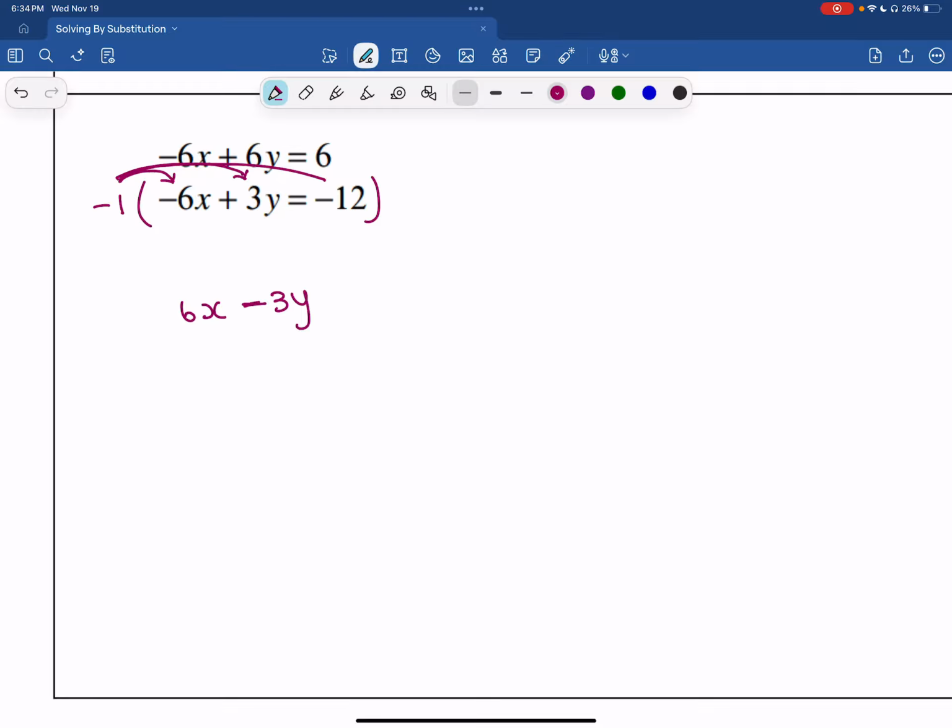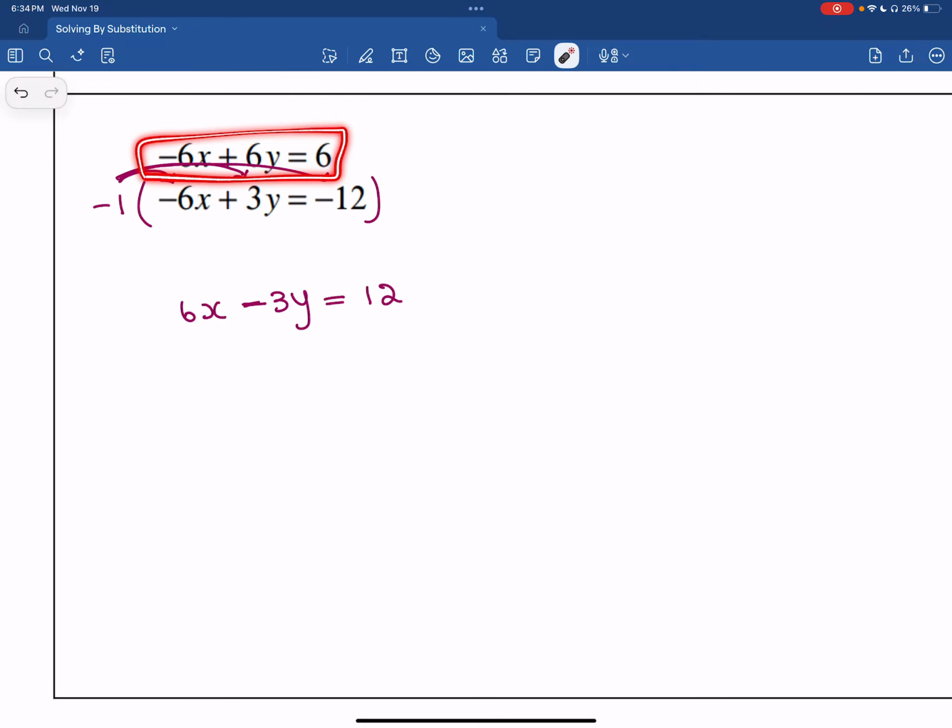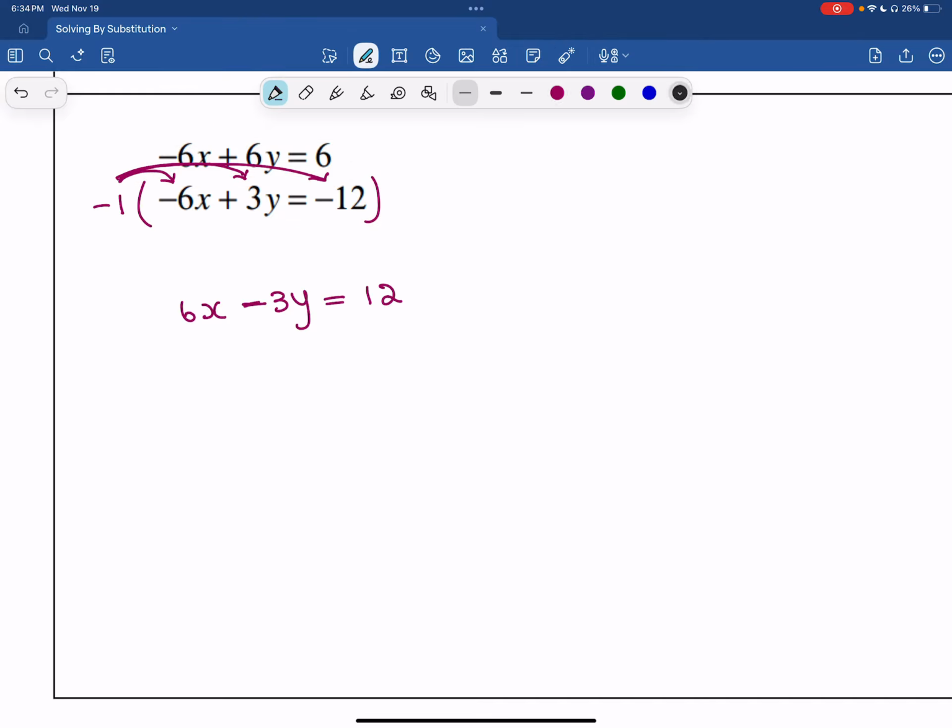And -1 times -12 is +12. Next, I'm just going to rewrite that first equation back on top of what I just found. So -6x plus 6y equals 6.